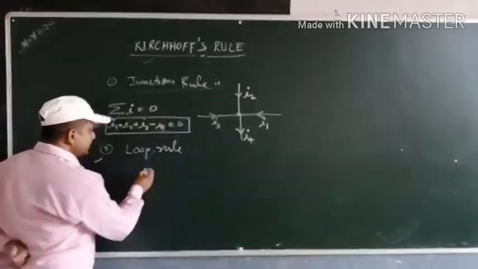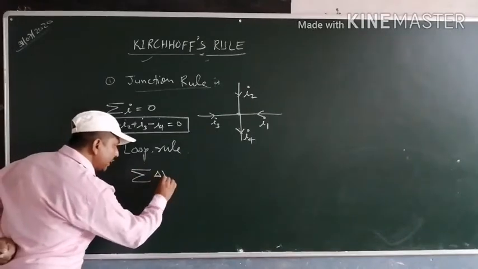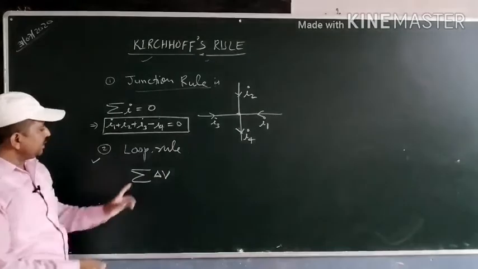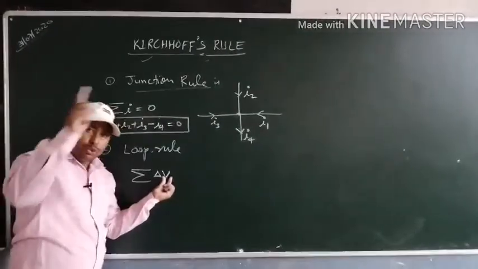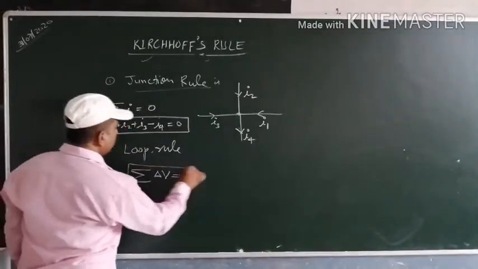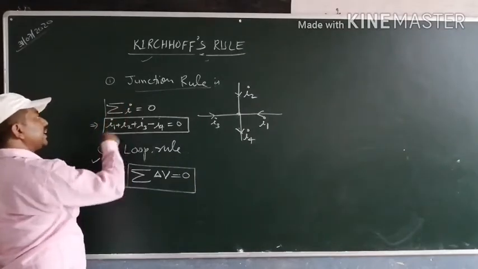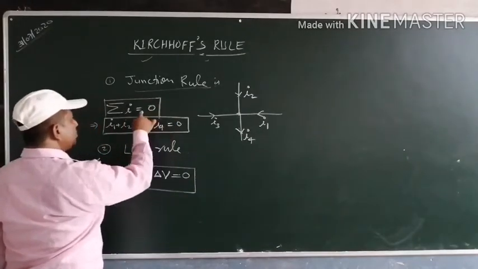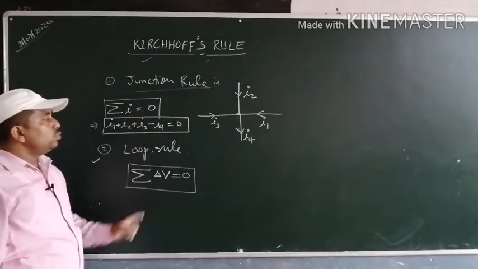In this, the algebraic sum of the change in electric potential across any loop is always equal to 0. This is the loop law, and the algebraic sum of the electrical current meeting at any node is equal to 0. This is the junction rule, and this one is the loop rule.